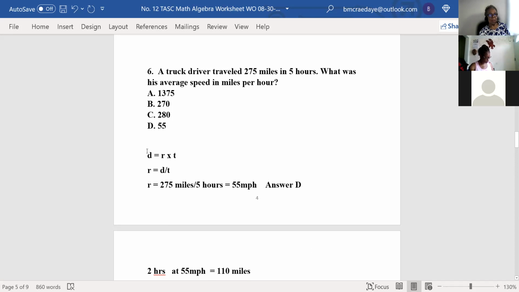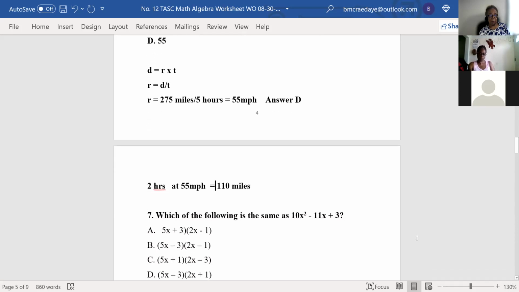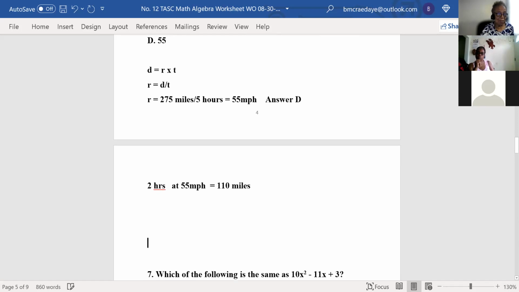This is a really important formula, but it's not just for distance. You could find rate and you could also find time. If you knew rate and distance, you could find time, right? Okay. Now, since you said yes, let me give you this.